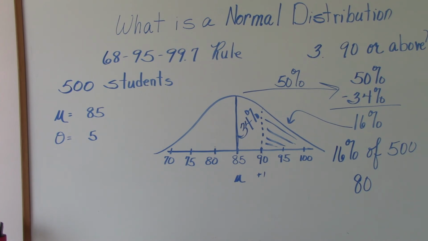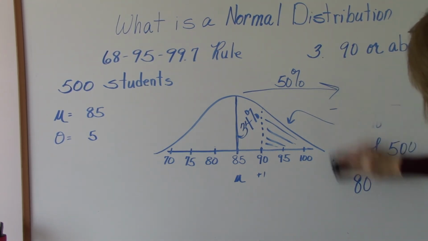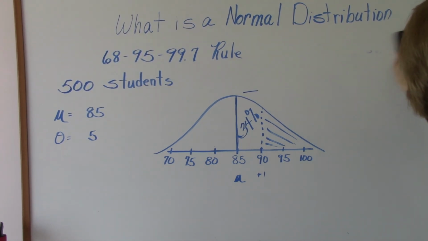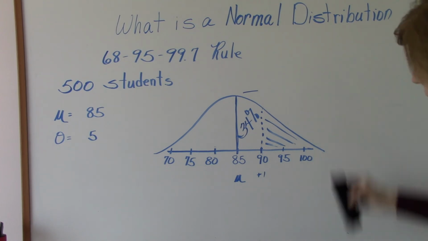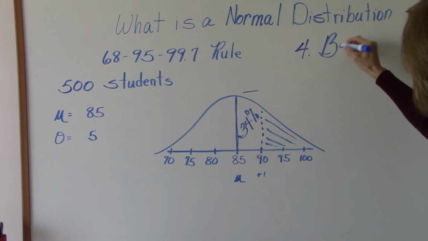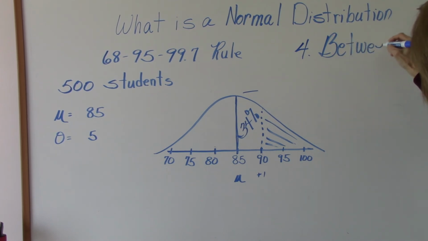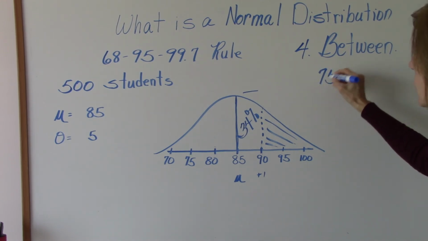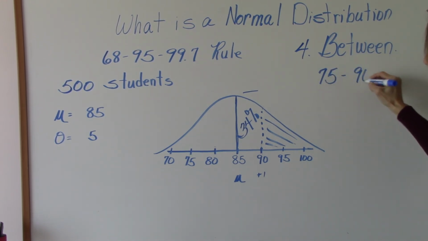All right, let's take a look at another one of these. Our fourth question: how about between a 75 and a 90?